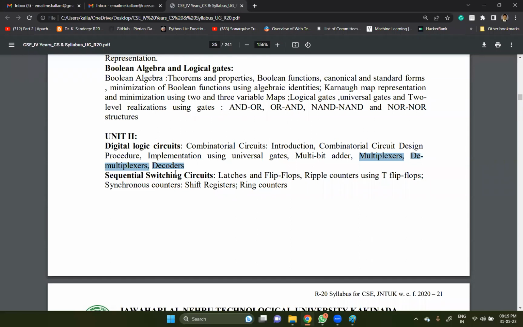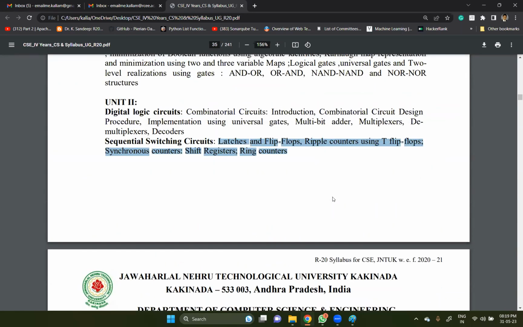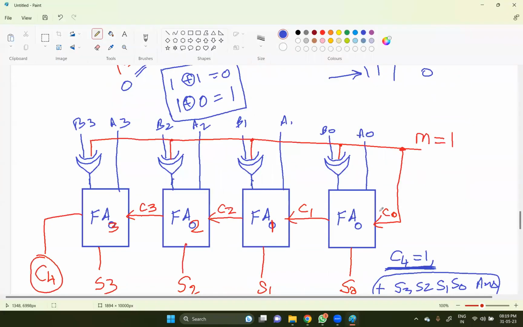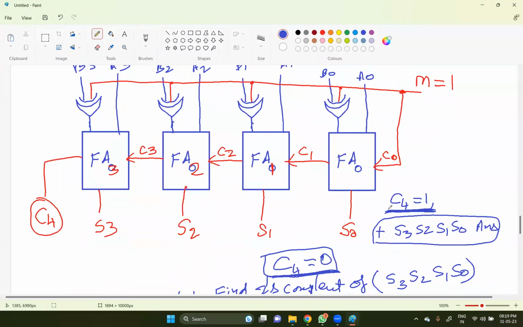So tomorrow we shall finish these three topics, and then the day after tomorrow we'll go for the complete sequential circuits. Then unit 2 will be completed. I think yes, unit 2 will be completed by day after tomorrow. Okay, that is the full-fledged information for you. So please go through it once.